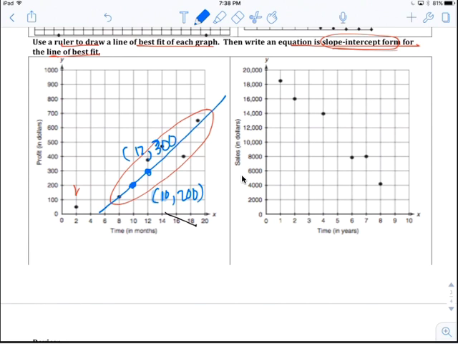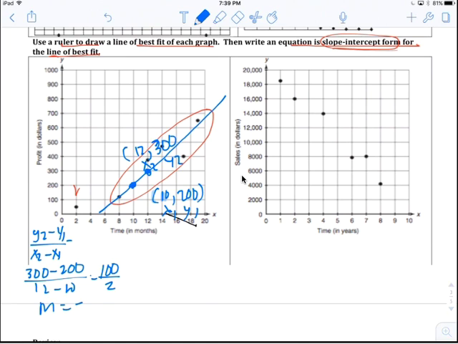So you do y2 minus y1 over x2 minus x1, that's the rate of change. 300 minus 200 all over 12 minus 10. So 100 over 2, which is 50. Rate of change is 50.